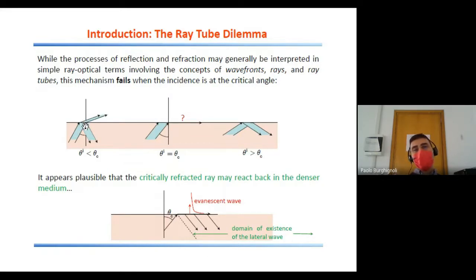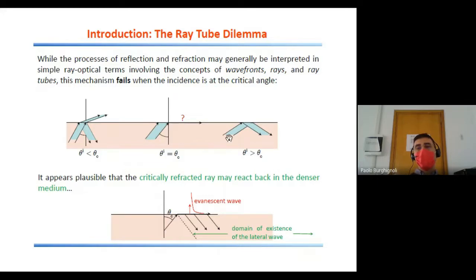This gives rise to a reflected ray tube, so part of that power is reflected back, and the remaining portion is refracted in the narrower ray tube that is transmitted in the upper medium. Now, the same kind of thing occurs beyond the critical angle.